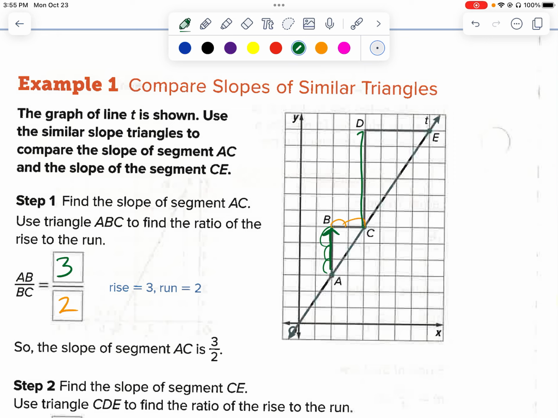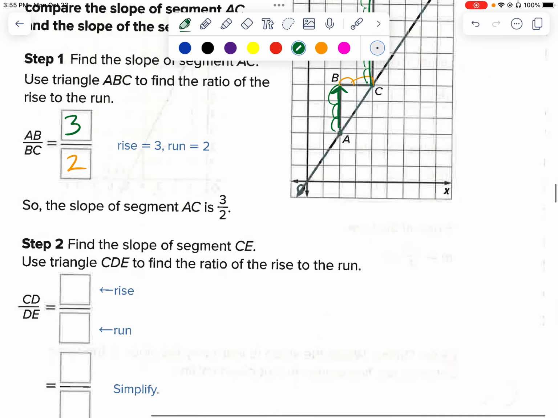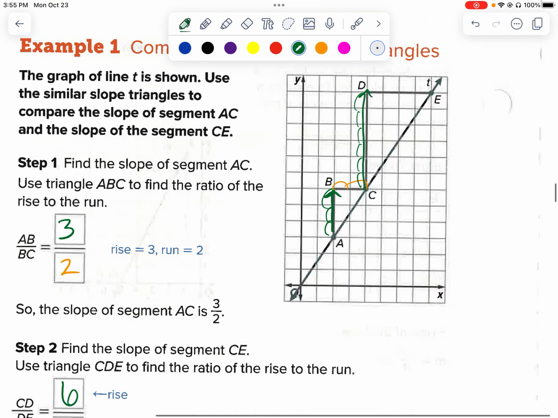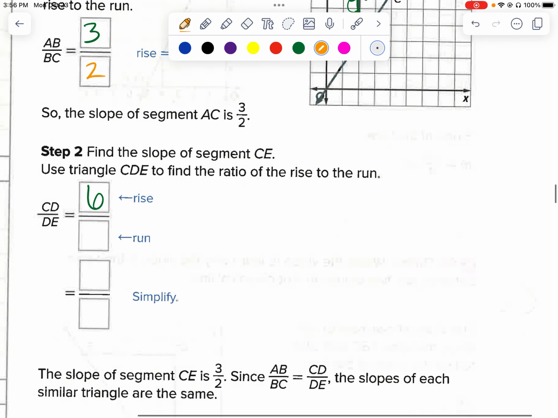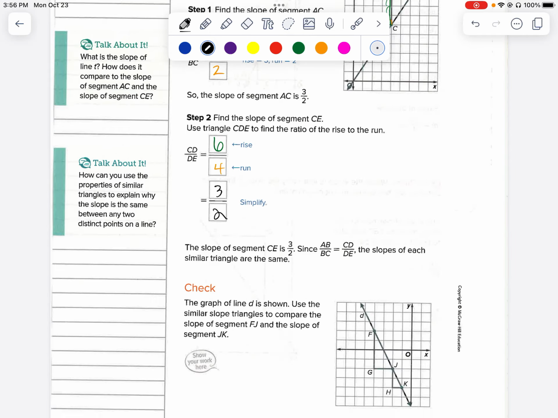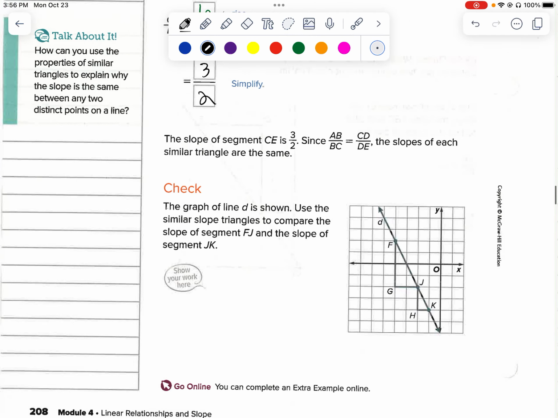So we go up 1, 2, 3, 4, 5, 6. And we're going to run over 1, 2, 3, 4. So if I simplify my fraction, I get 3/2. So my slope is 3 over 2.